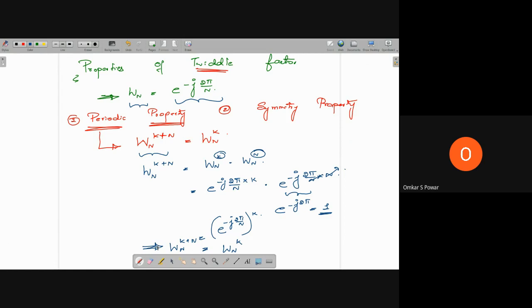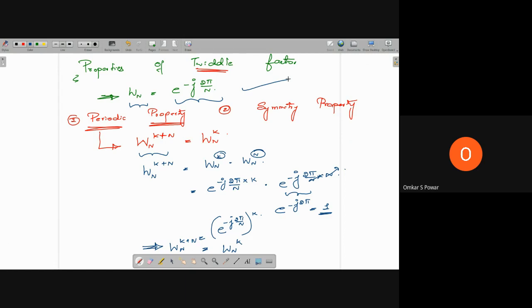So let's see once again. We know that Twiddle factor Wn is equal to e power minus j 2 pi by n. We have to prove two properties: the first one is the periodic property and the second one is the symmetry property. According to the periodic property, Wn of k plus n is equal to Wn of k.